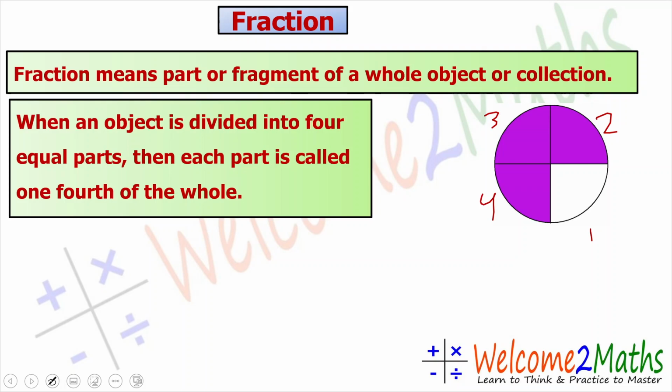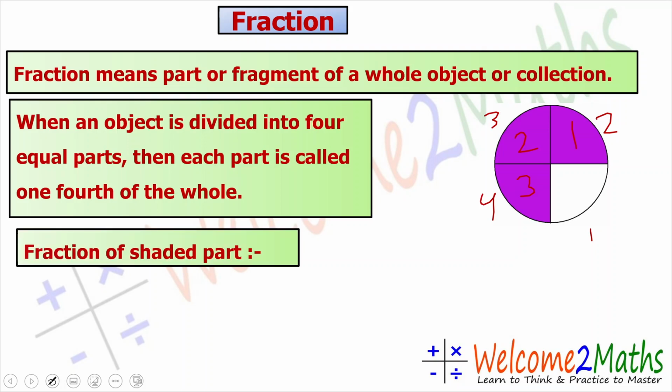Here you can see that in our circle we have 3 shaded parts. What is the fraction of this shaded part? The fraction of the shaded part is 3/4, because out of 4 parts, 3 parts are shaded.